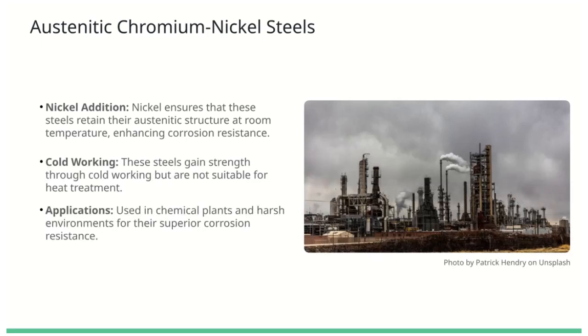And then austenitic chromium nickel steel. The nickel addition ensures that this steel retains its austenitic structure at room temperature, enhancing corrosion resistance. This steel gains strength through cold working, but it is not suitable for heat treatment, because when you do the cold working, the grain is already distorted and bent, and if you do heat treatment, it will distort it and it will not function anymore.